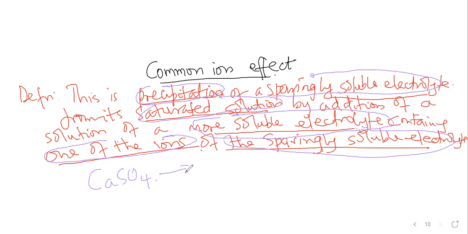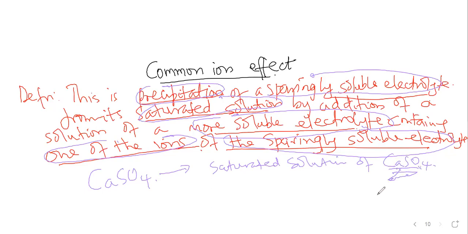Now, when I dissolve an excess of calcium sulfate in a given volume of water and filter, I obtain a saturated solution of calcium sulfate. When to that saturated solution of calcium sulfate, I add another soluble compound. Tell me any soluble compound that contains any one of the ions that are here, but is very soluble.